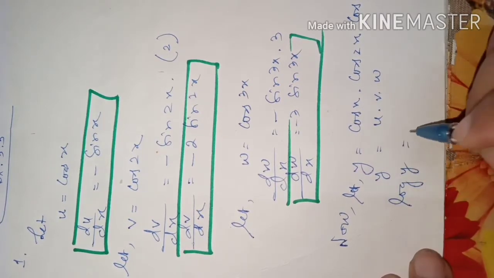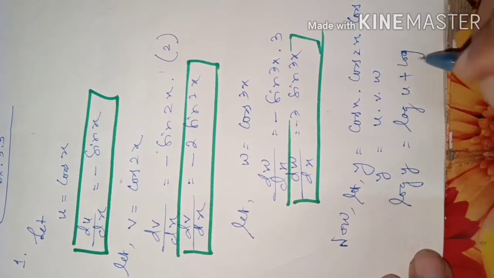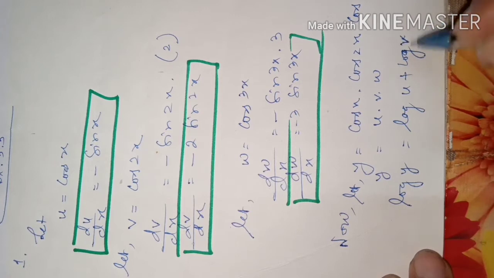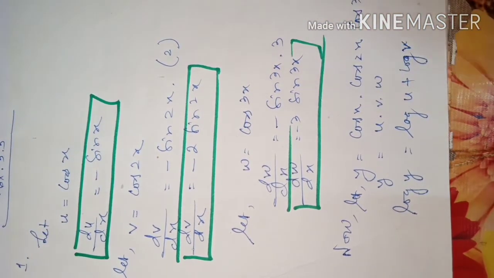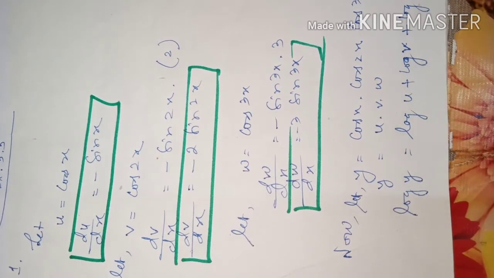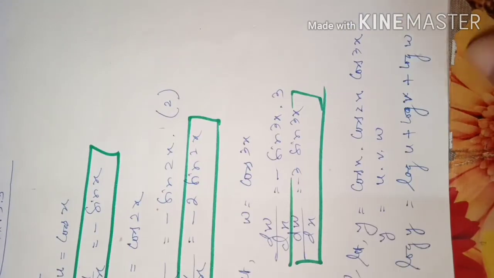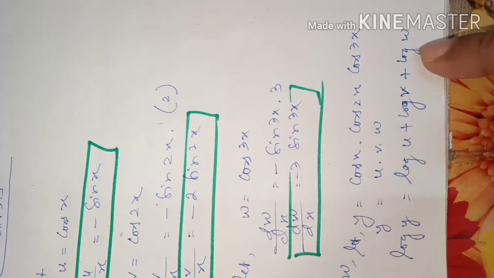Log of y is equal to log of u plus log of v plus log of w, by the product formula of logarithms, that log of x into y is log of x plus log of y. Now let us take the derivative of all this.